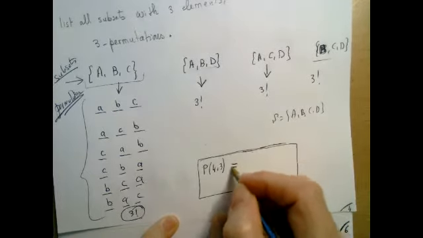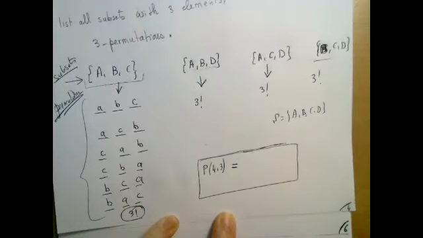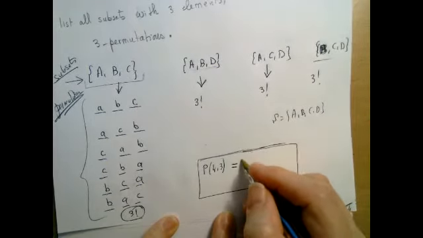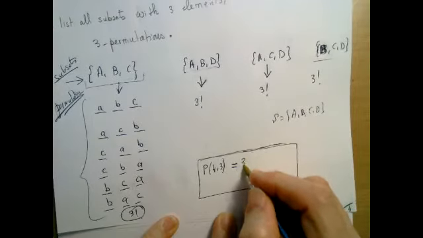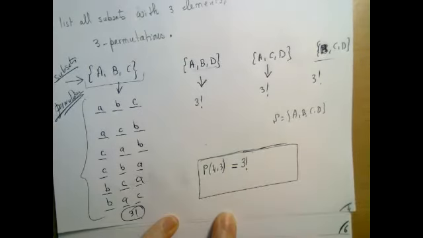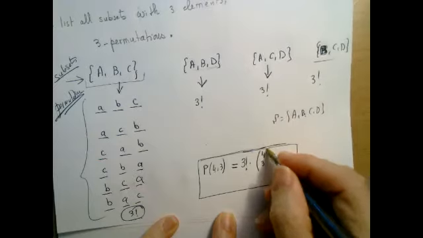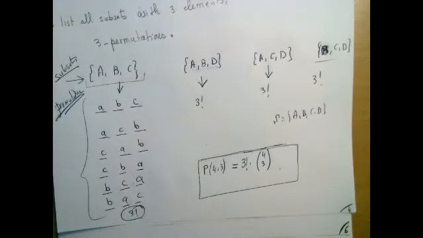So the number of permutations should be equal to how much in terms of the number of subsets? It's going to be 3 factorial times the number of subsets. That's the relationship. Does it make any sense?